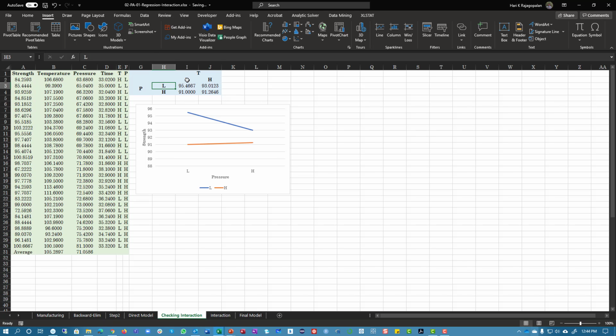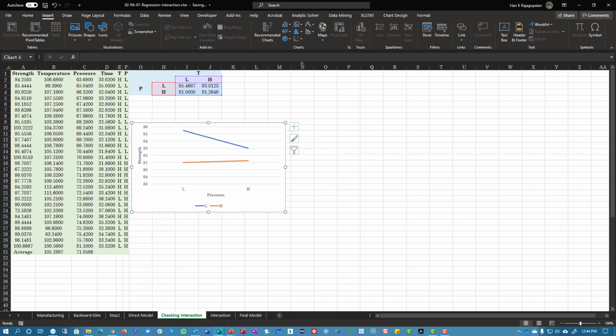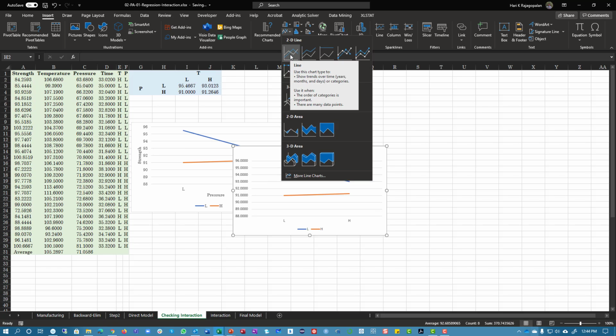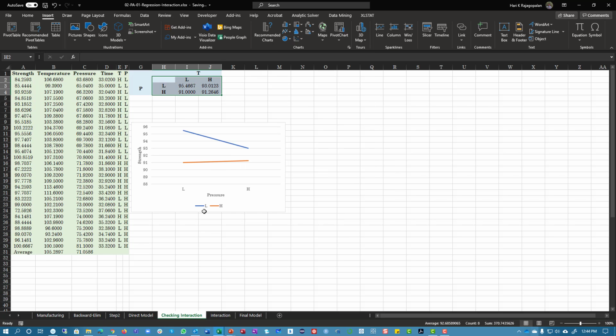When you have low pressure and low temperature, the average strength is 95.46. Low pressure, high temperature, it's 93, and here it's the high pressure. And you can then plot this, and you basically have a line diagram which shows you pressure and strength for different temperatures.